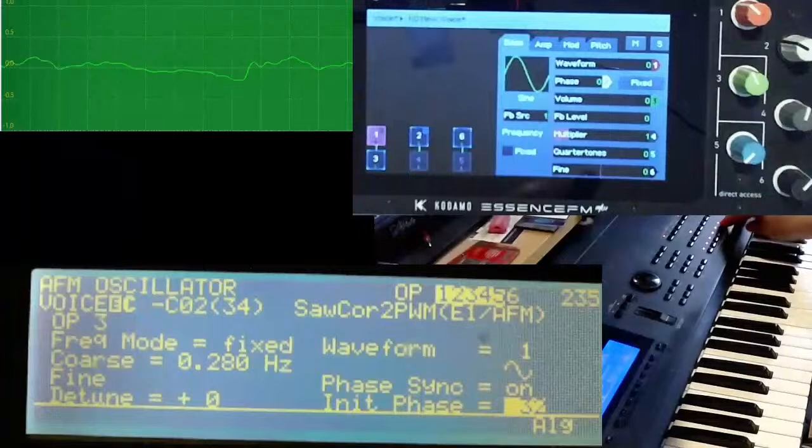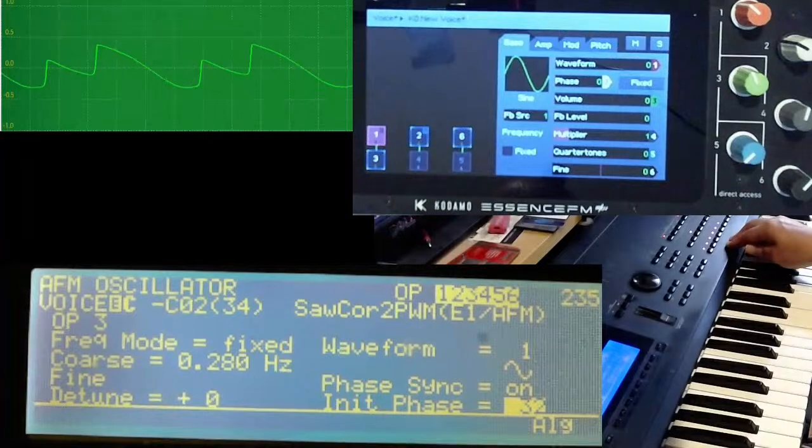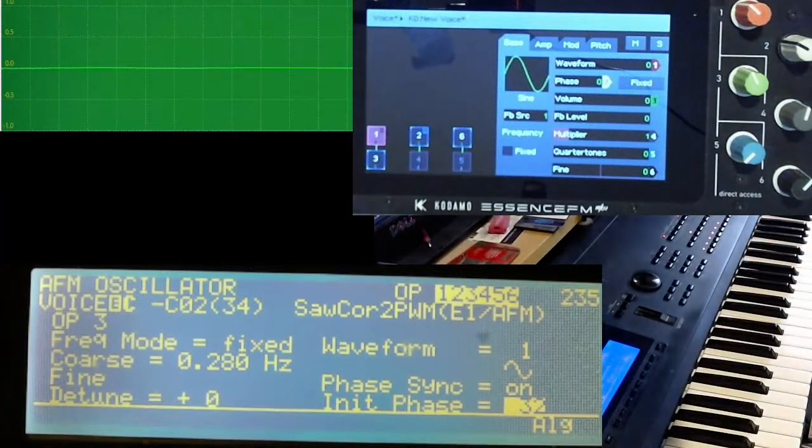Let's turn on our other stack again. So now what we've been able to do is to create a dynamic shaping of that wave by having real-time variance in our phase offsets.